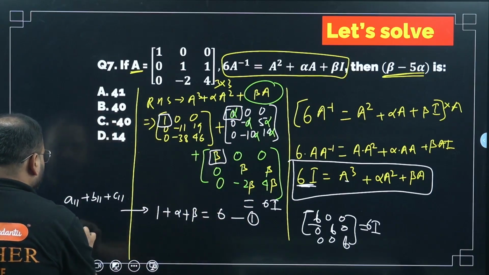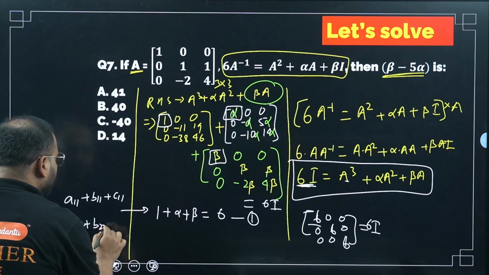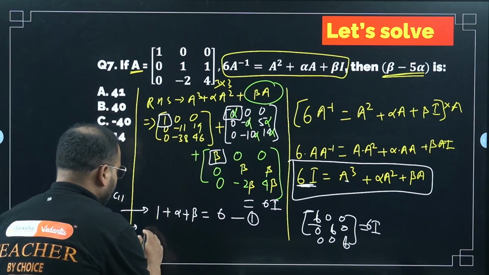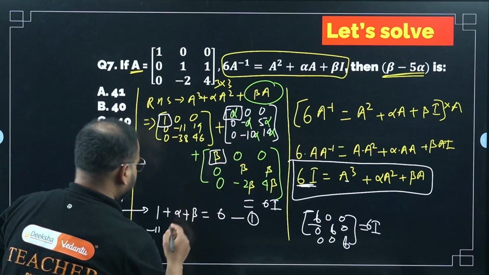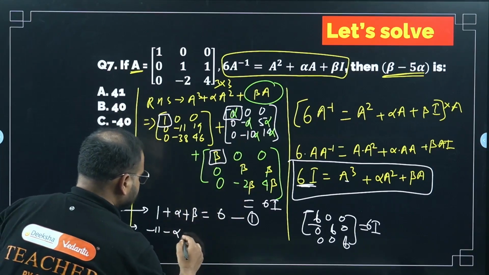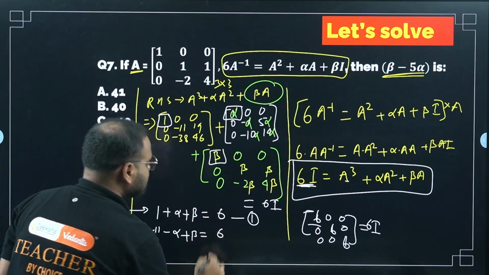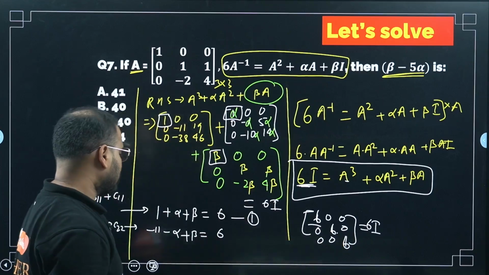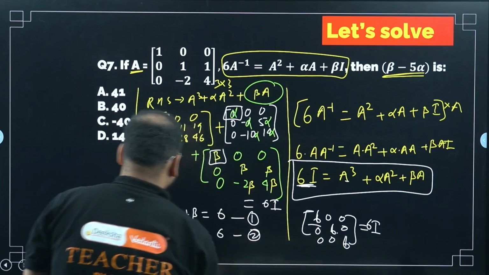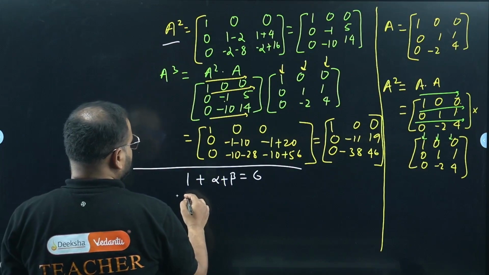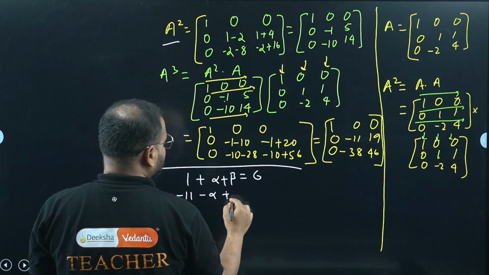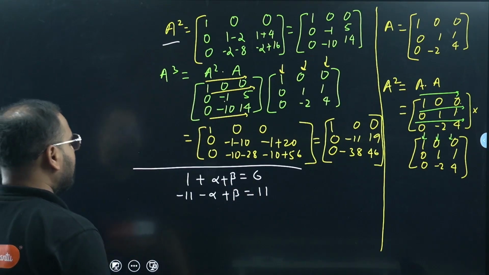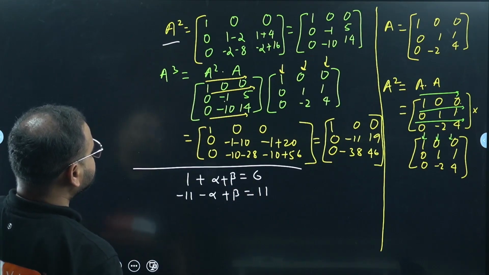And over here I am doing A22, B22 and C22. A22 is minus 1, B22 is minus alpha, and C22 is just beta. This is again equal to 6 only. Why? Because the second element over here is also 6. This is my second equation: minus 1 minus alpha plus beta equals what? 11 only? Am I getting it right?